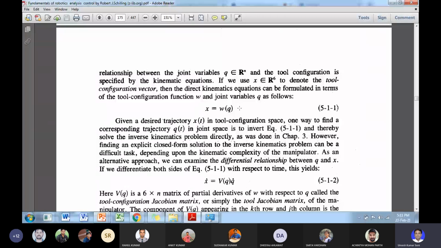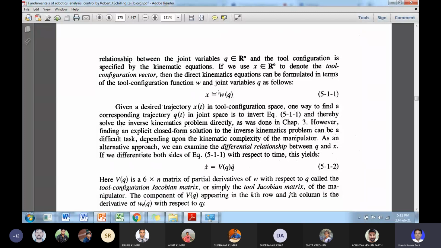W1 contains three elements in a column vector, and W2 contains three elements which have the scaling factor of exponential of some terms theta by pi, into the last row of the orientation matrix, that is R13, R23, R33. So this X is defining the tool configuration vector.